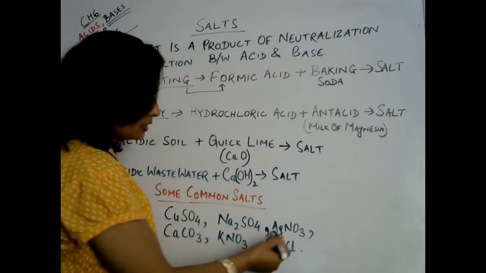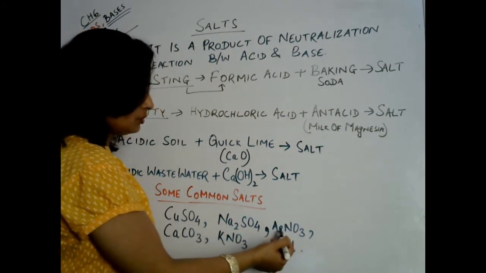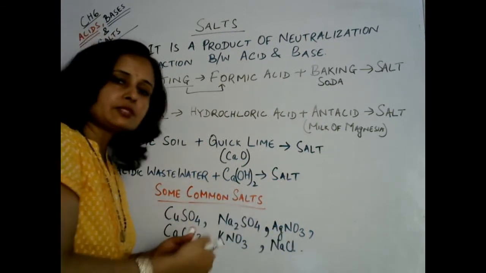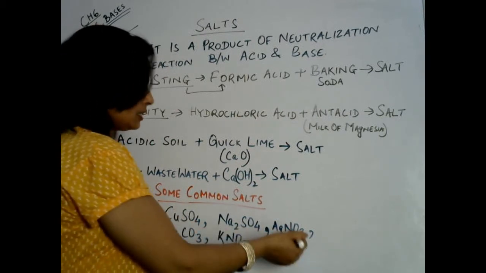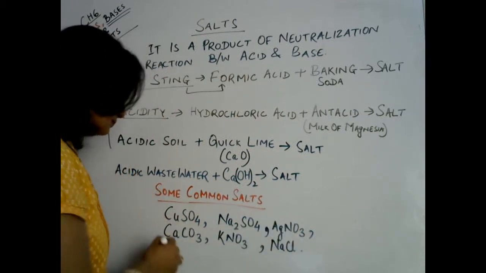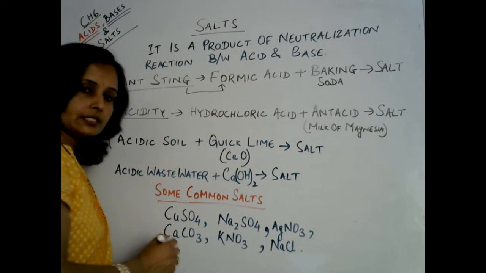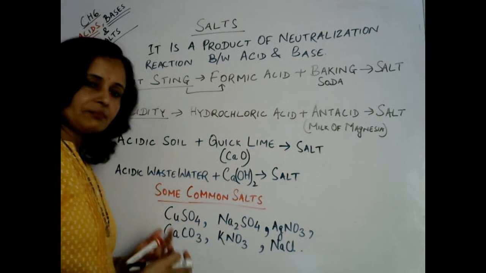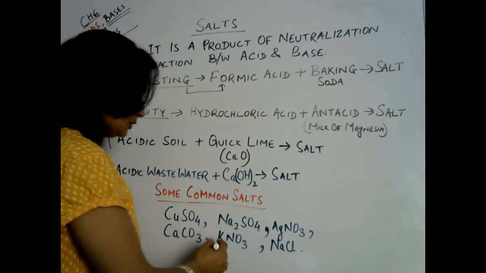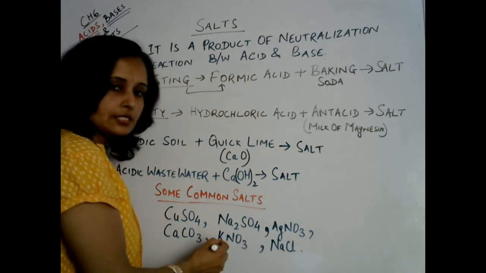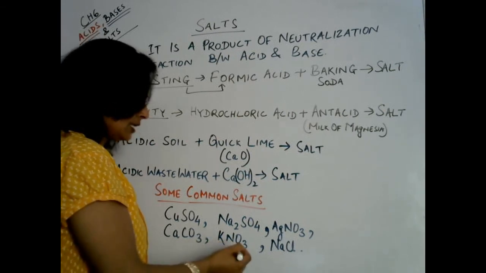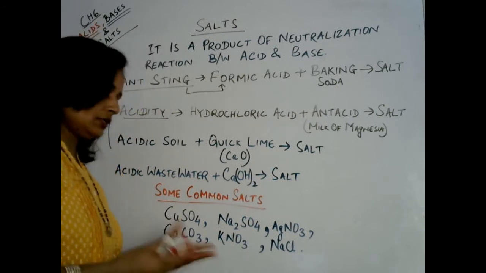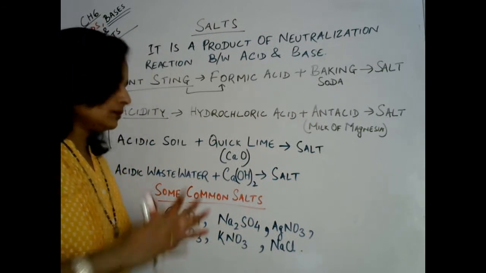Then silver nitrate: silver is the metal, and in this salt silver comes from the base and nitrate from the acid. Calcium carbonate: calcium metal comes from the base and carbonate from the acid. Then potassium nitrate: potassium metal comes from the base and nitrate from the acid. Then sodium chloride: sodium from the base and chlorine from the acid.